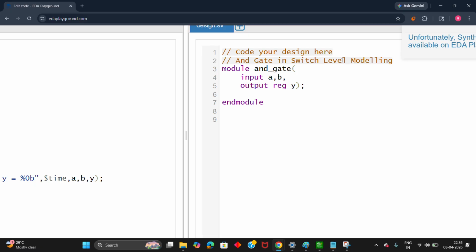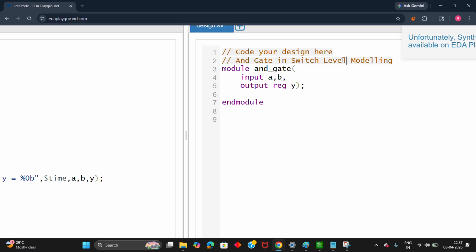For the gate level model you need to know the gate structure, how those gates are connected. For the data flow model you need to know the boolean expression. For behavioral modeling you need to know the truth table of the design.